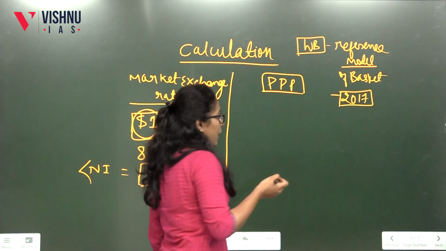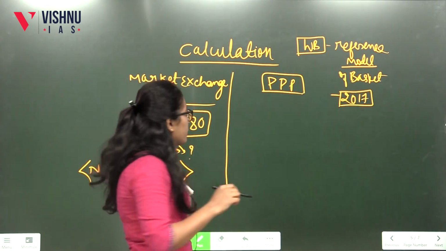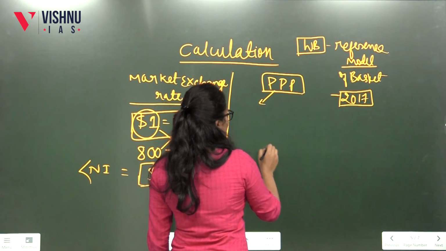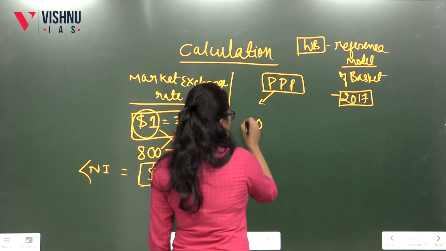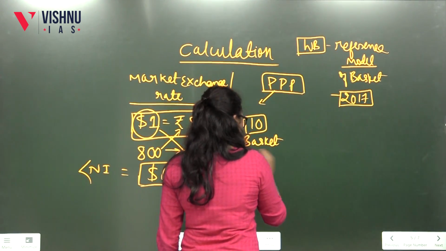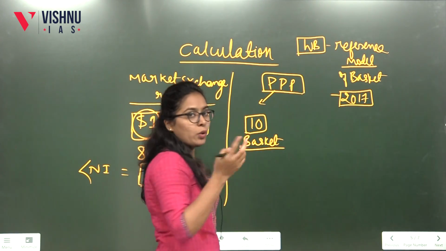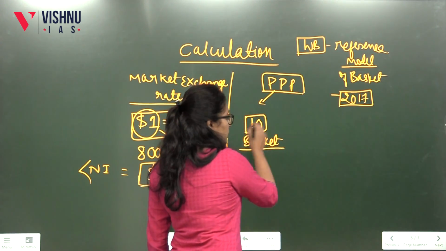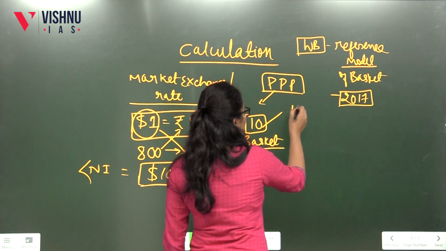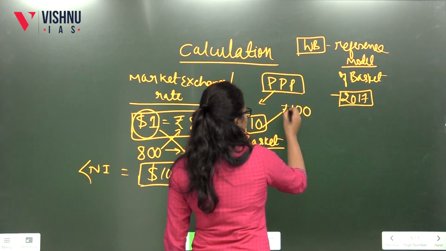So when we compare, for example, there are 10 commodities in a basket, any same products in the two countries. When we buy these 10 products in Indian rupees, it will cost us 100 rupees.